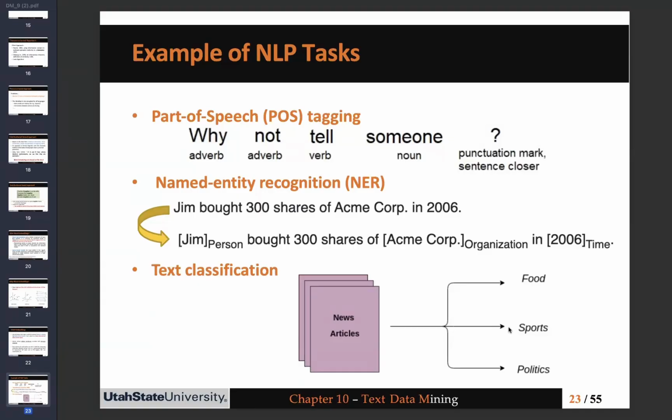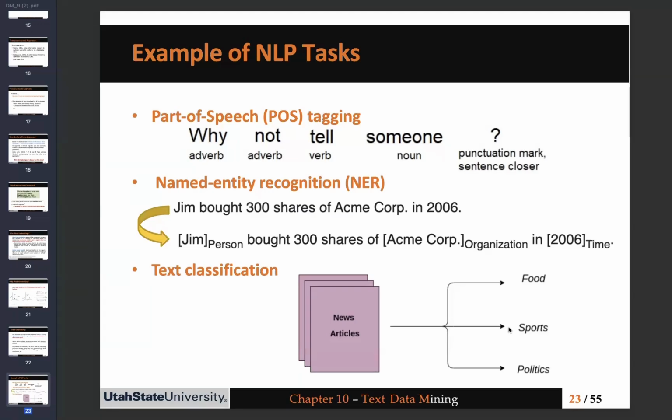If someone is talking, our part of speech tagger is able to, based on the word embeddings of all the words being spoken, tag each word as a noun, a verb, or an adverb. Same thing for named entity recognition.